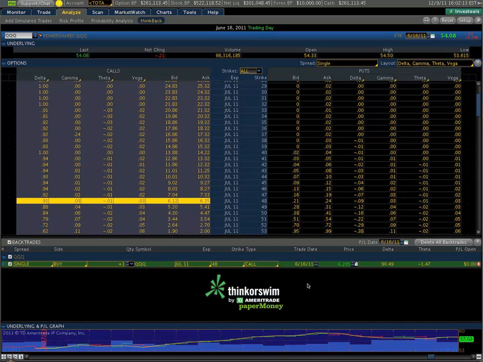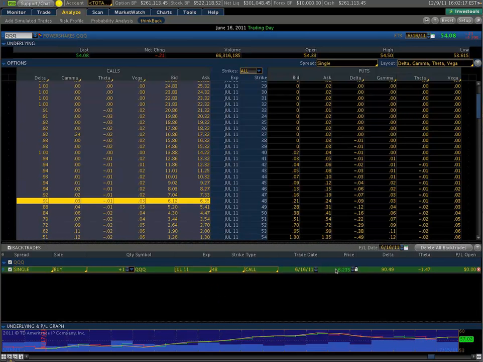Many times when you're putting in an offer to buy an option contract, you can split that middle, and sometimes you'll get it, sometimes you won't, but you can try.